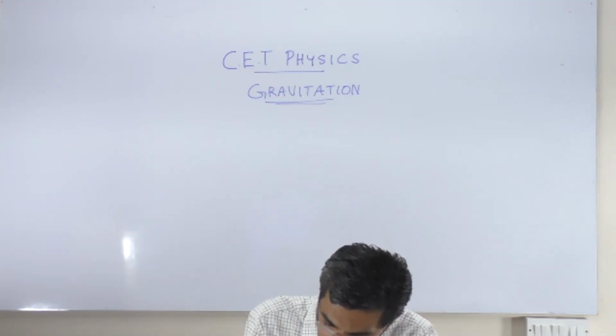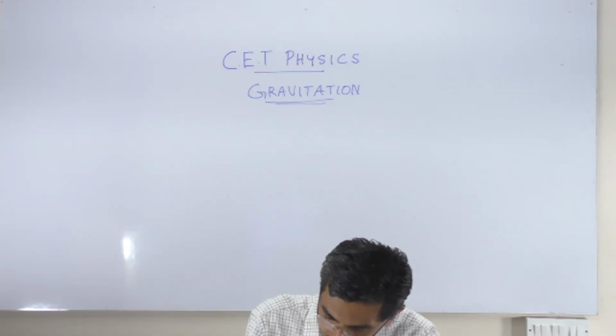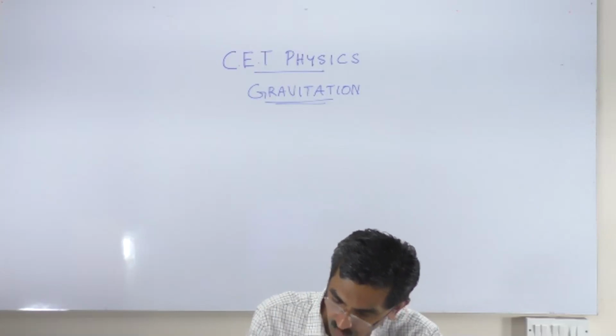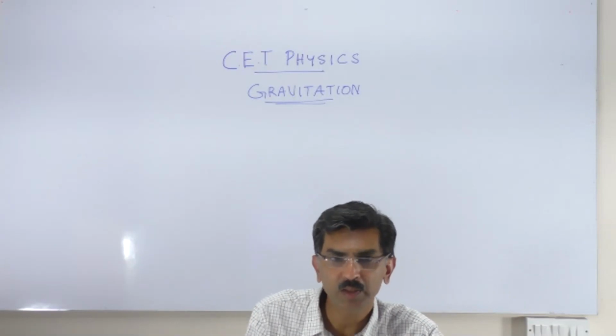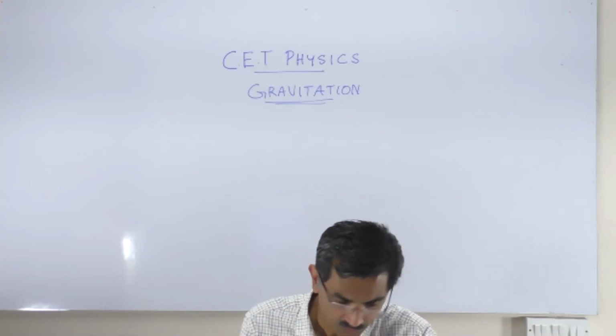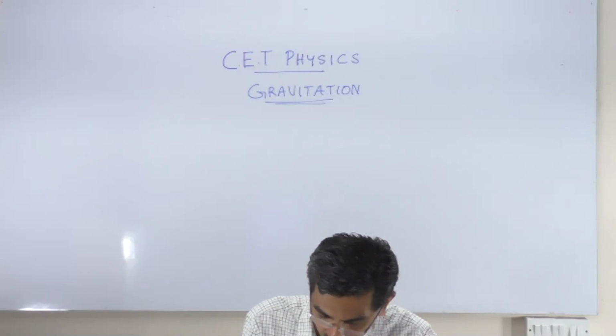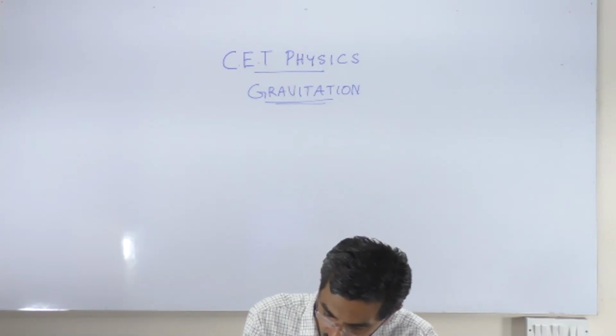So the potential energy at 1 plus kinetic energy at 1 is equal to potential energy at 2. There is no kinetic energy at point 2, remember, right? So minus GMm by r plus half mv square is equal to minus GMm by 2r.